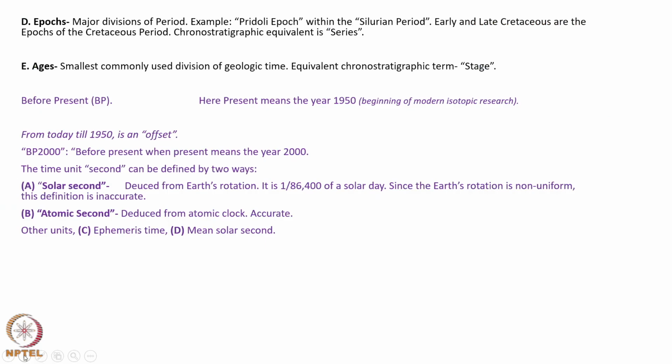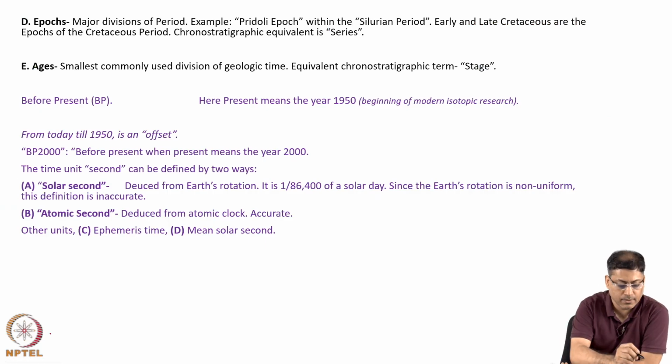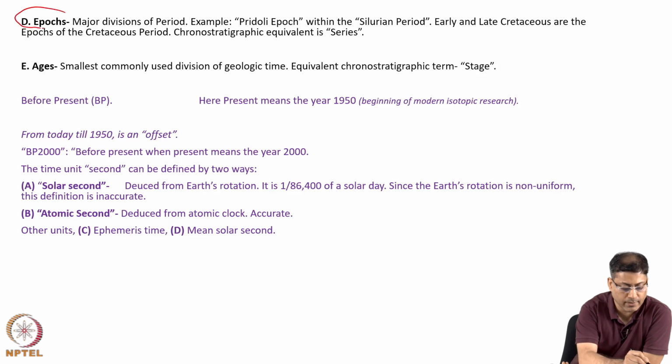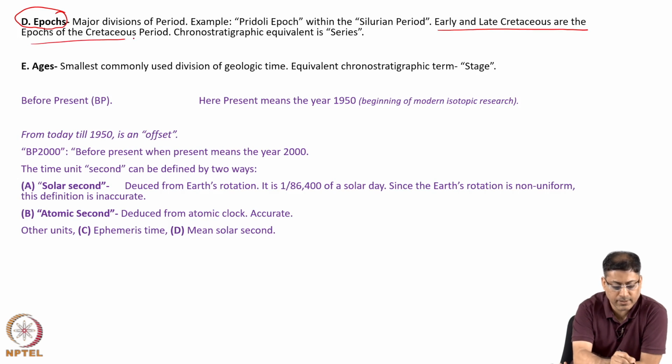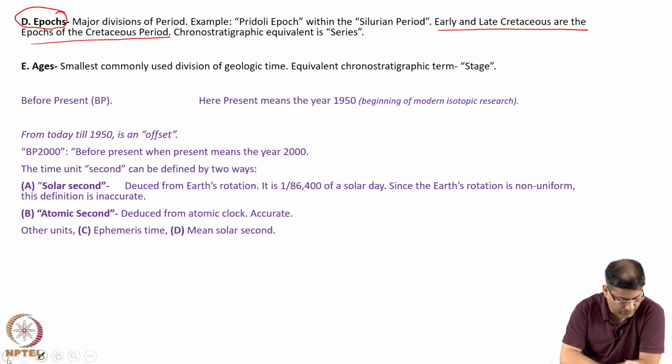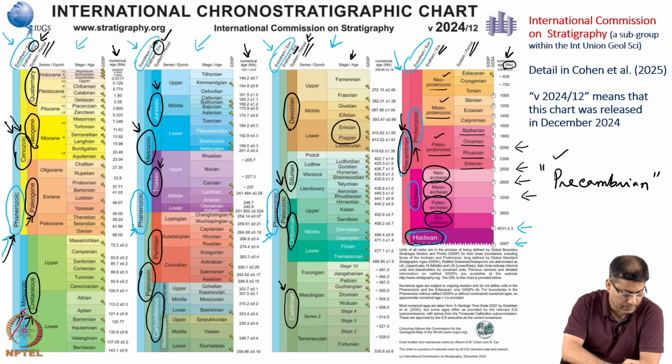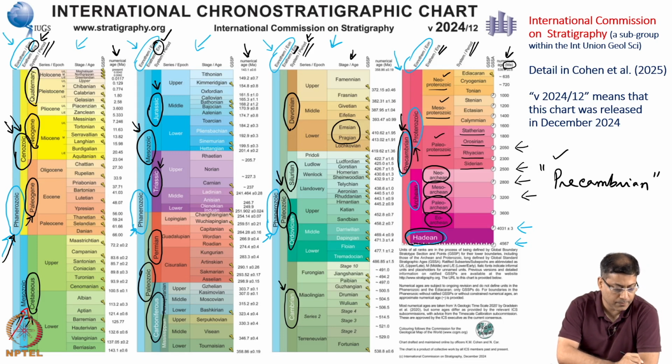Okay. Now, the periods can be divided into several epochs. Early and late Cretaceous are the epochs of the Cretaceous period. Let us see. Here is the Cretaceous period.